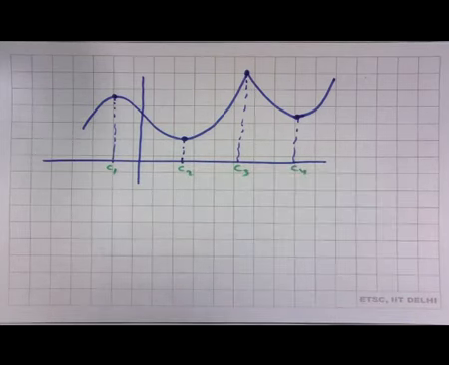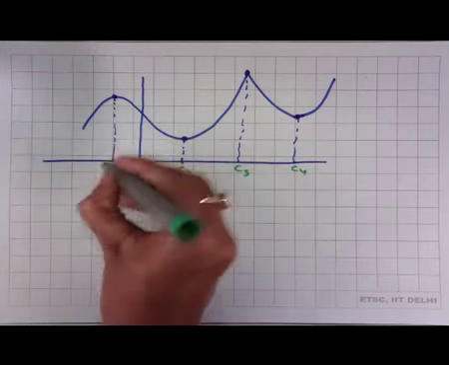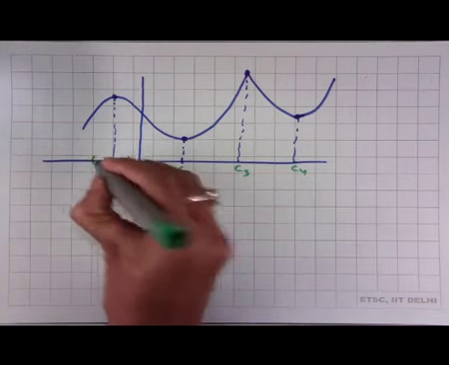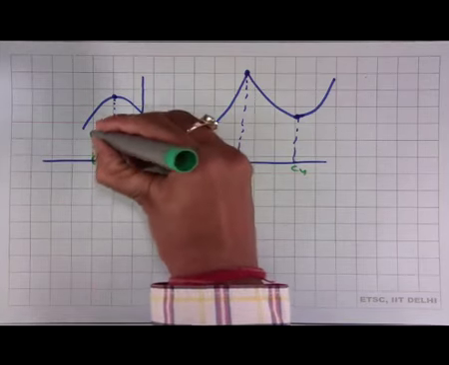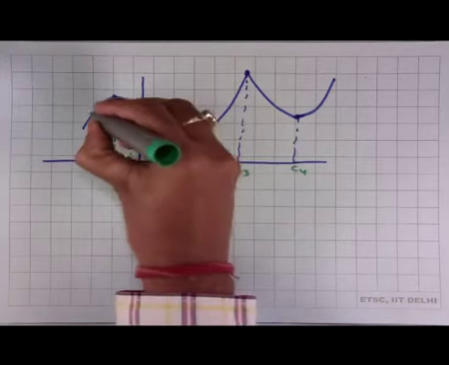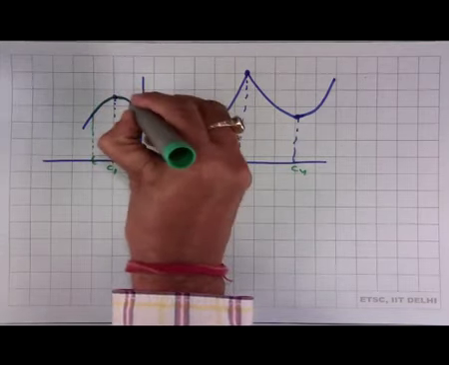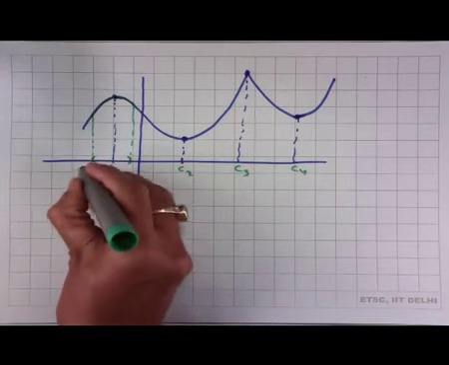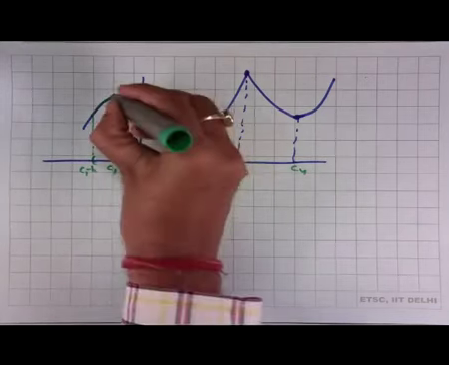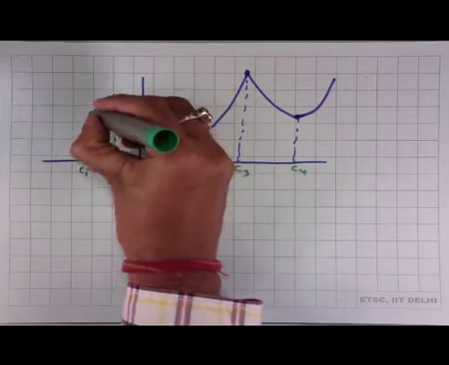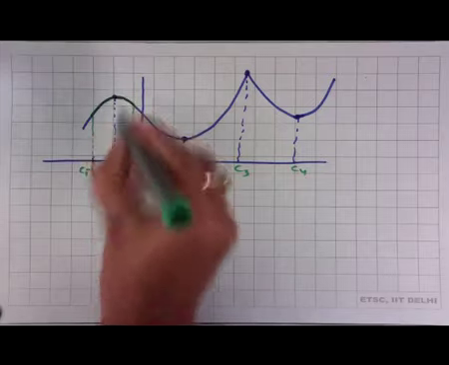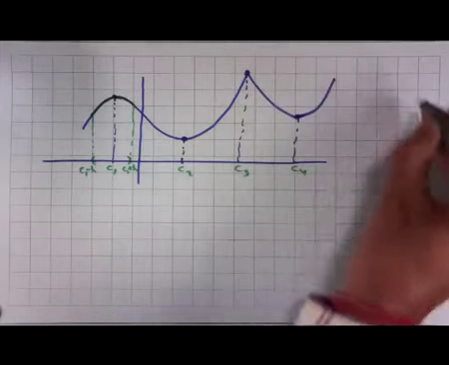Then if you look at this C1, if I restrict this function to the interval from C1 minus h to C1 plus h, then f of C1 is the maximum value in this interval, even though this is not the maximum value of the function for all x.